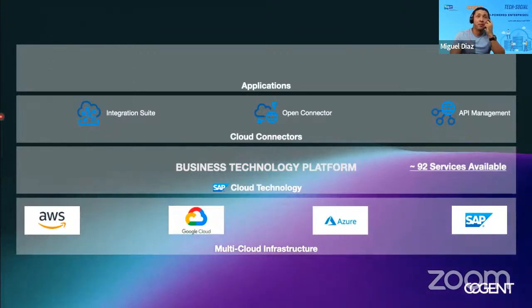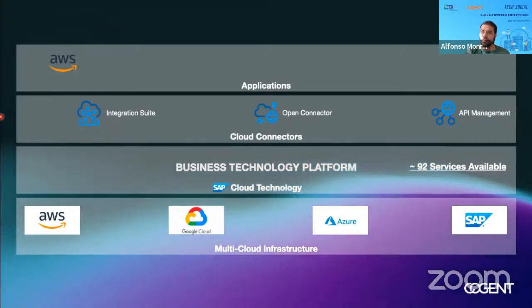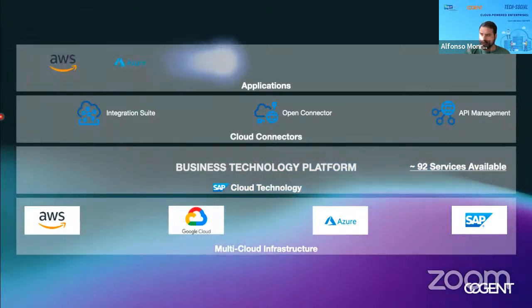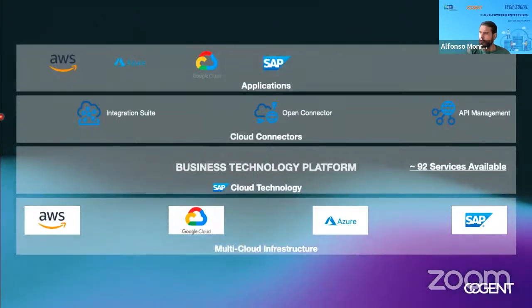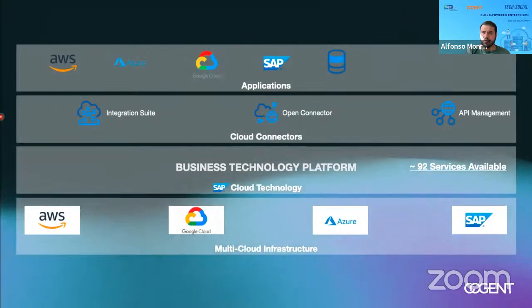No problem. Okay, so this layer and these whole services that are available on BTP allow us to integrate with different solutions, as we said, such as AWS, Azure, and GCP, different SAP products, for example, S4, ECC or MDG, or different solutions of SAP, on-premise or on cloud.